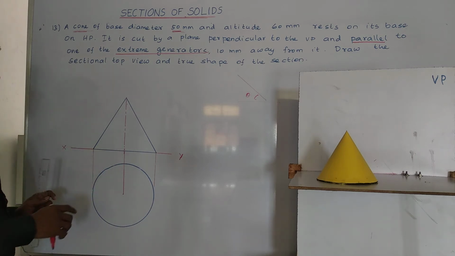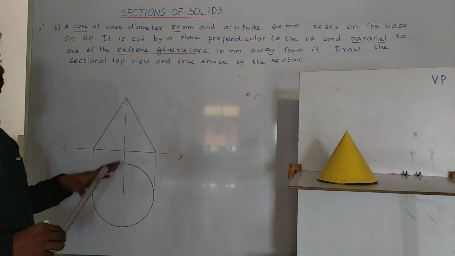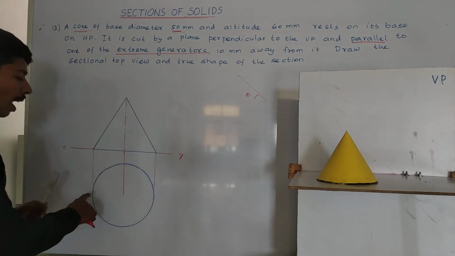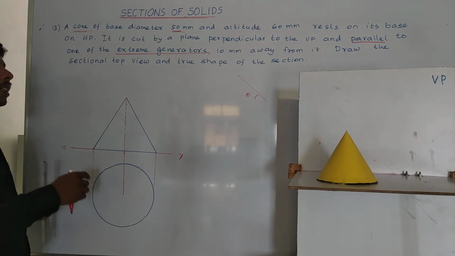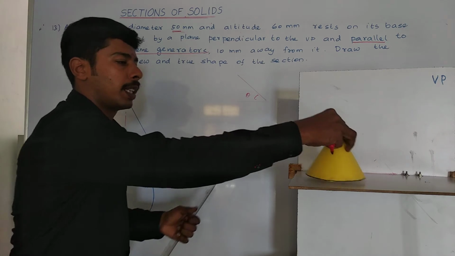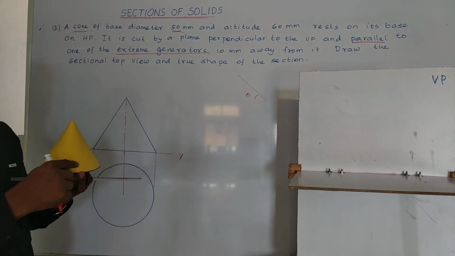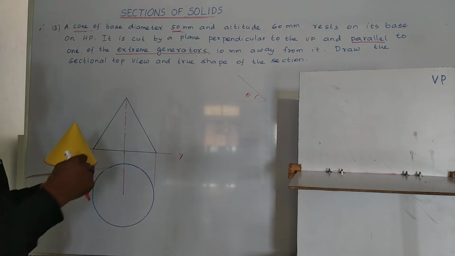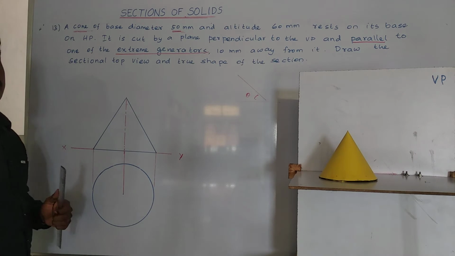For drawing this diagram, it is very difficult to mark the inner edges. So I divide this into 12 segments and create imaginary edges, assuming that the surface has 12 edges at equal distances. With those edges I mark the section edges.